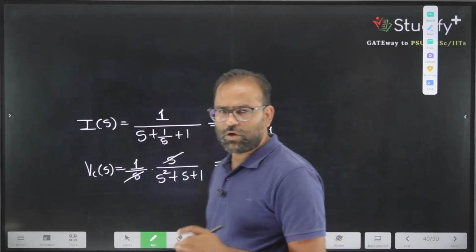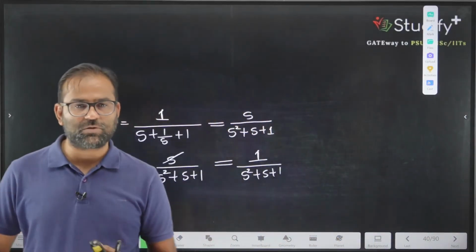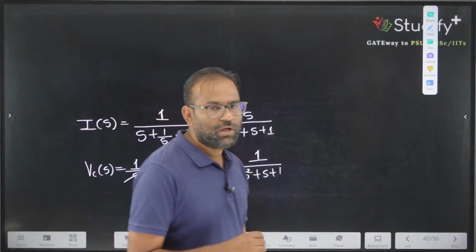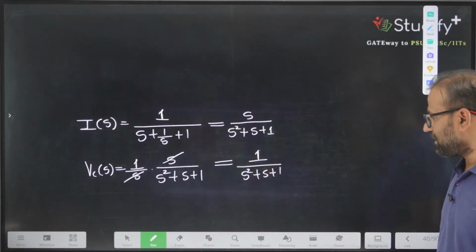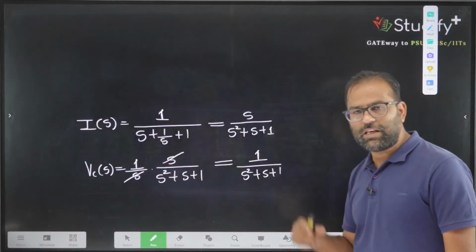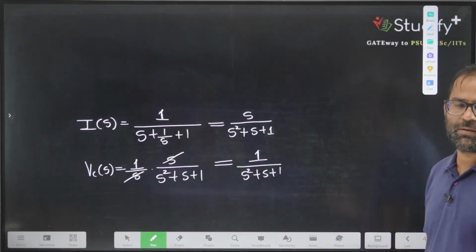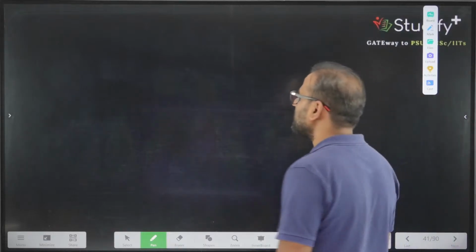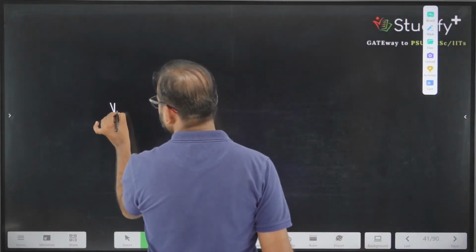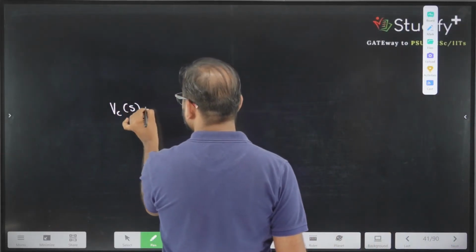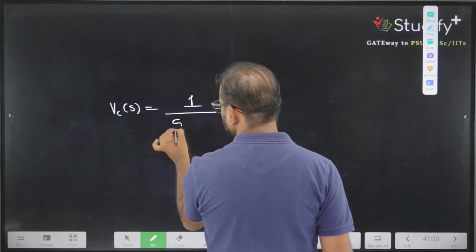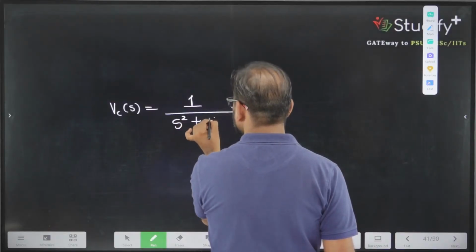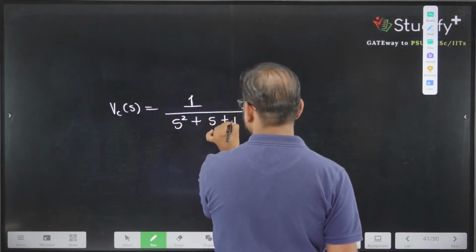So we have followed all our steps. What is the first step? The first step is to take the Laplace transform of the network. The second step is to get the answer for that variable. Now we have to convert this variable using the inverse Laplace transform. So VC of S is 1 divided by S square plus S plus 1.